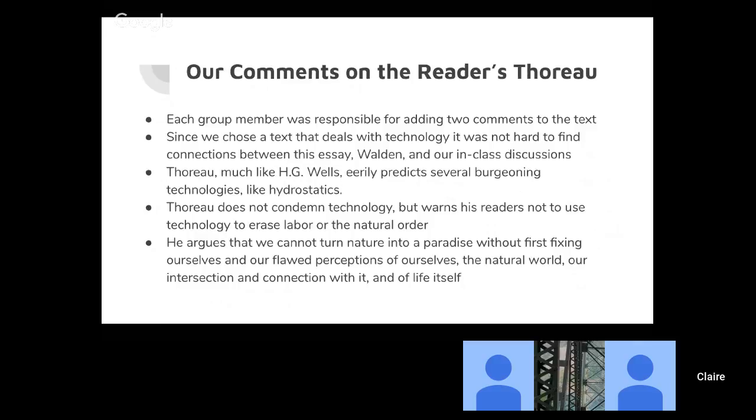And while he doesn't completely condemn technology, he just warns his readers not to use it to erase labor or the natural order. Another thing we found that Thoreau argues in this essay was that we cannot turn nature into a paradise without first fixing ourselves, our flawed perceptions of ourselves, the natural world, our intersection and connection with it, and of life itself.